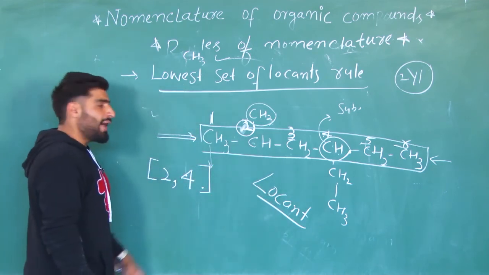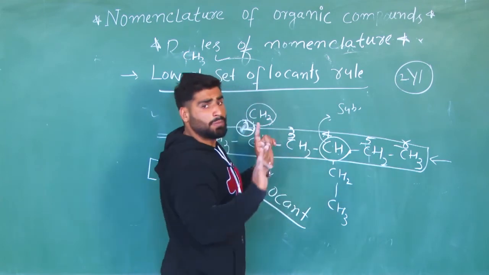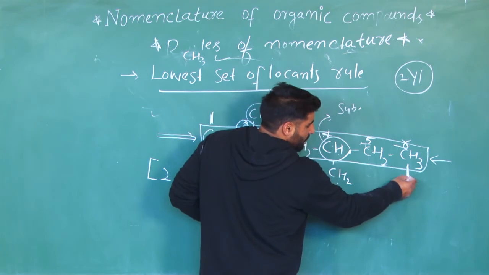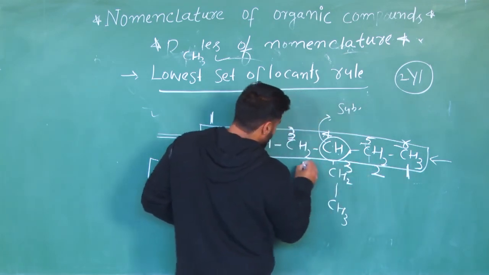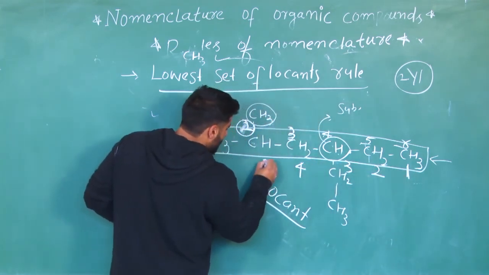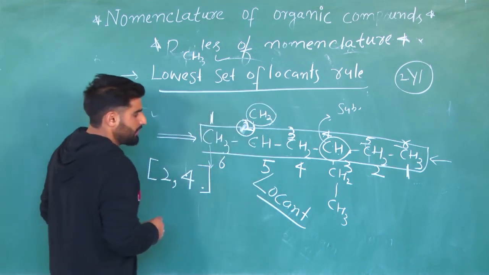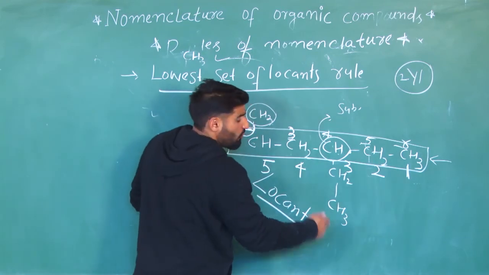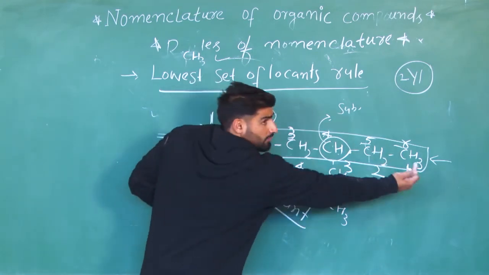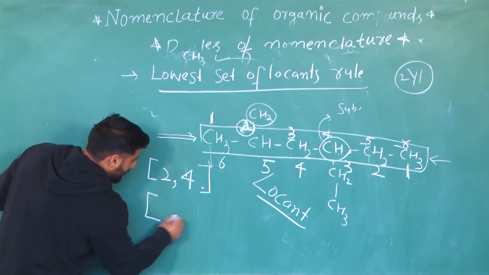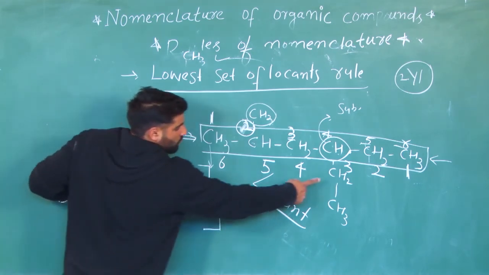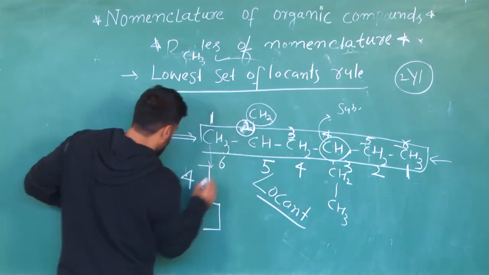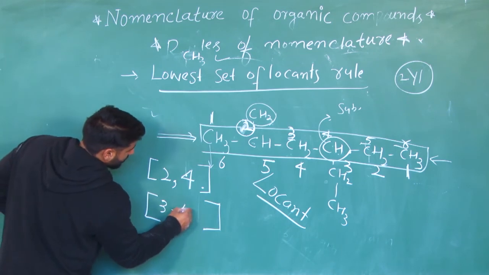Now I will number this longest possible parent chain from the other side. It will start with 1 from this side: 1, 2, this is 3, this is 4, this is 5 and this is 6. Now again form the set of locants. If you number this carbon chain from this side, the set of locants will be 3 comma 5.